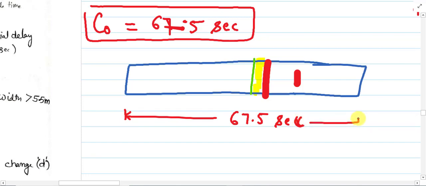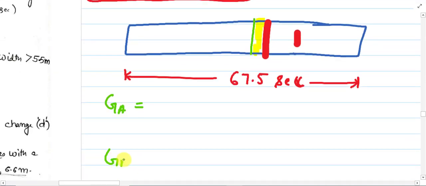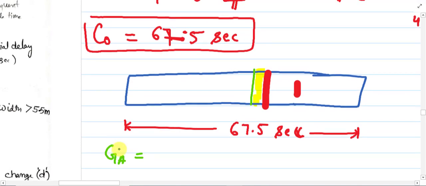Now what is the difference? We have a different green time for road A and a different green time for road B. But we assume that if road A is handling more vehicles, then road A needs more green time.